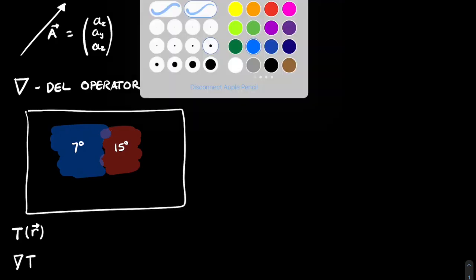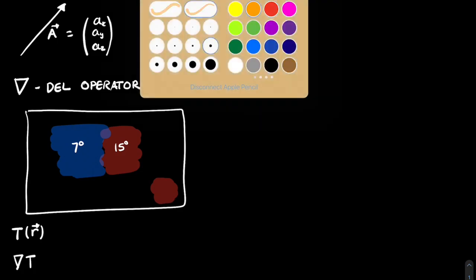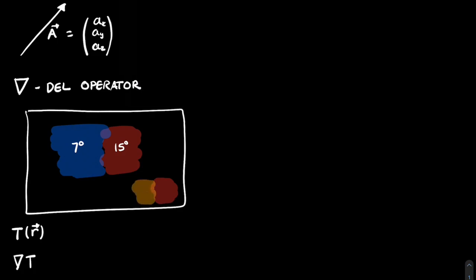Whereas if you have this part of the room and then a slightly cooler part of the room right here, say this bit's 16 degrees and this bit's 14 degrees, then you're going to have much less of a temperature gradient at this part of the room than at this part. And so this quantity right here, grad T, is going to be much less for this part of the room. And so this is what the gradient operator does.